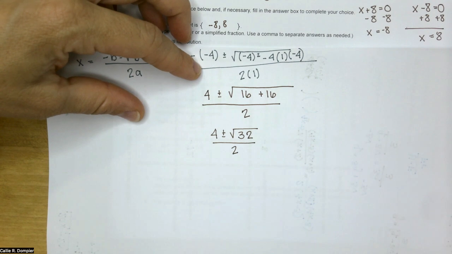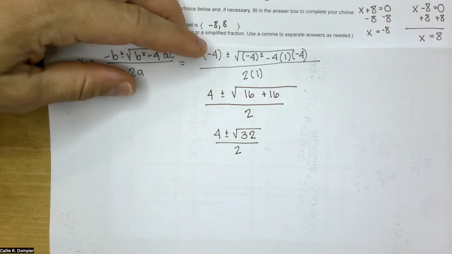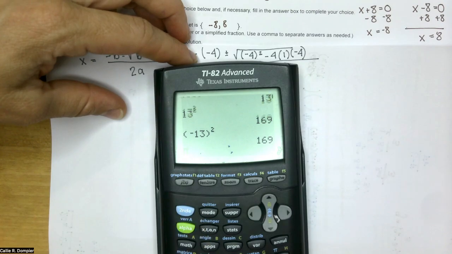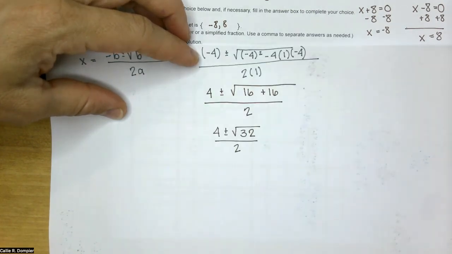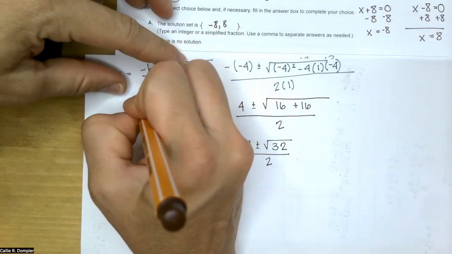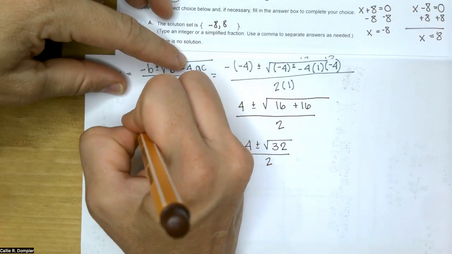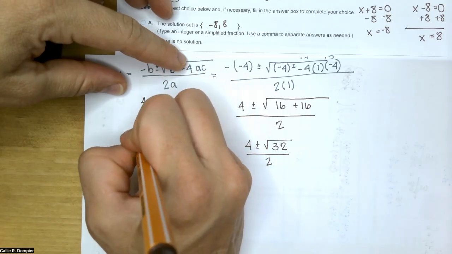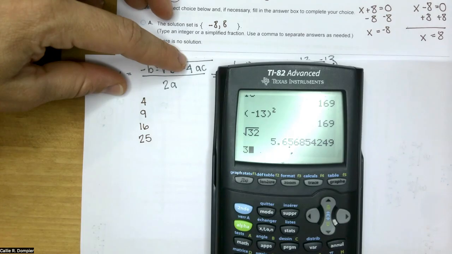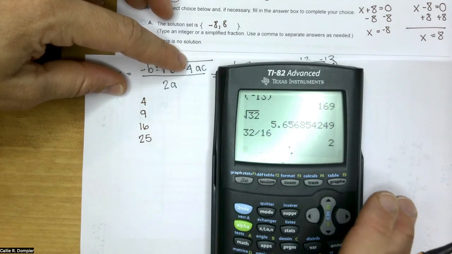Now we want to think about, can we take the square root of 32 and simplify it at all? It's not a perfect square, right? So you can say, well, 2 times 2 is 4, 3 times 3 is 9, 4 times 4 is 16, 5 times 5 is 25. Can you divide 32 by any of those? 32 divided by 16 is 2.